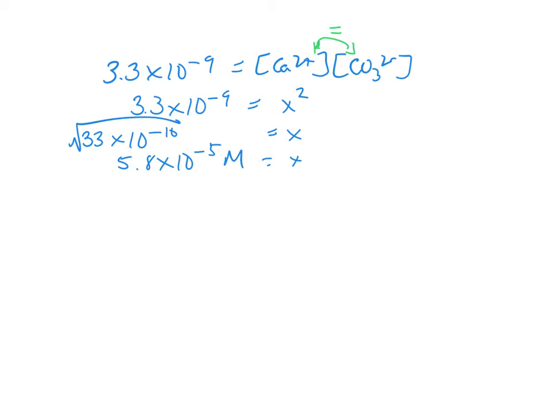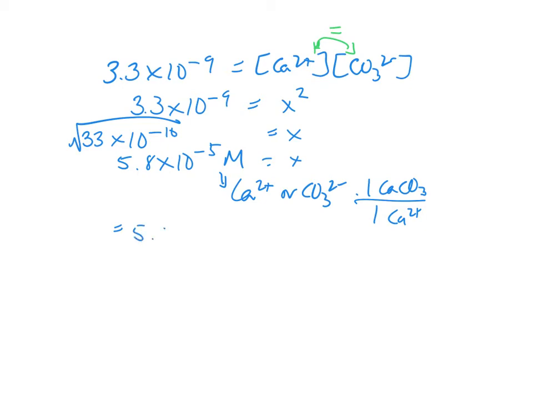Don't leave comments about how it's 5.7 or 5.9. I don't have a calculator right now any more than you probably do right by you, so I'm doing the best I can. So that would be the value of Ca2+ or CO3 2-, but the beautiful thing about this is there's a 1 calcium carbonate to 1 of those ions ratio, so it actually is the same value. Let's clean up that handwriting a little bit.